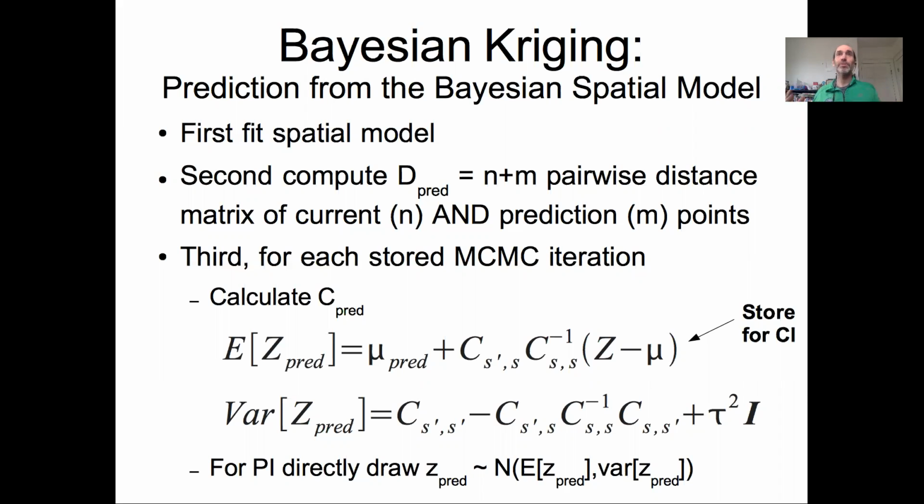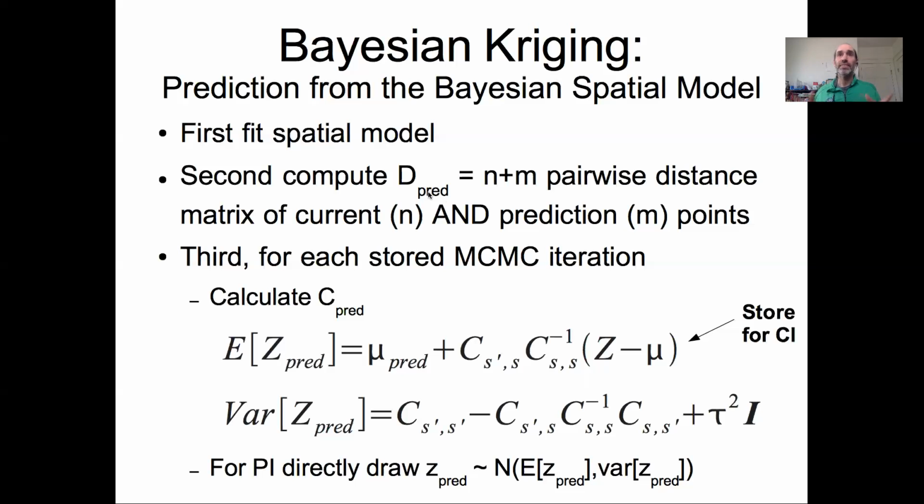So we're going to be doing the same thing in a spatial model, but there's a couple tricks that are special to spatial models related to how we handle that spatial covariance matrix. The second thing we need to do to make predictions with a spatial model is compute this D pred. When we fit the model, we had D, which is the matrix of all the pairwise distances between our n data points.